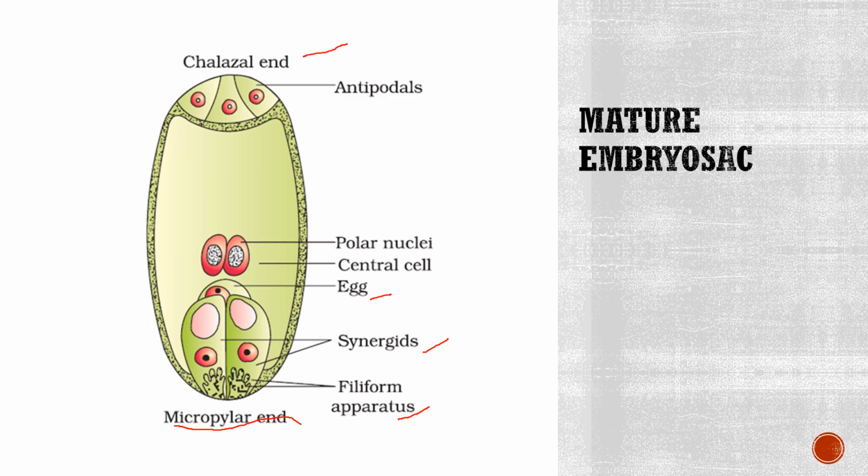The central cell, which is the largest cell of the embryo sac, has 2 polar nuclei. It is the only diploid structure in the embryo sac which later gives rise to the primary endosperm cell. That is, after fertilization, when these 2 polar nuclei fuse with the second male gamete, they give rise to the primary endosperm.